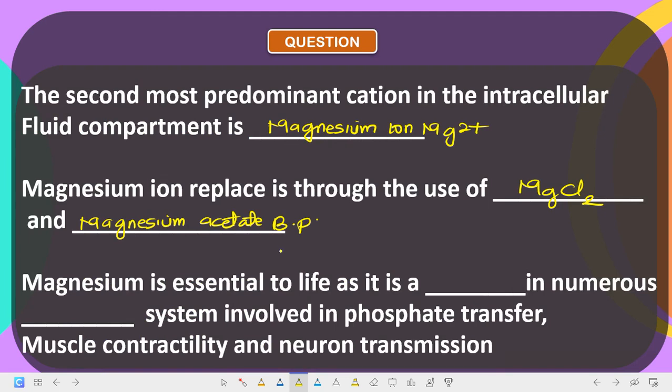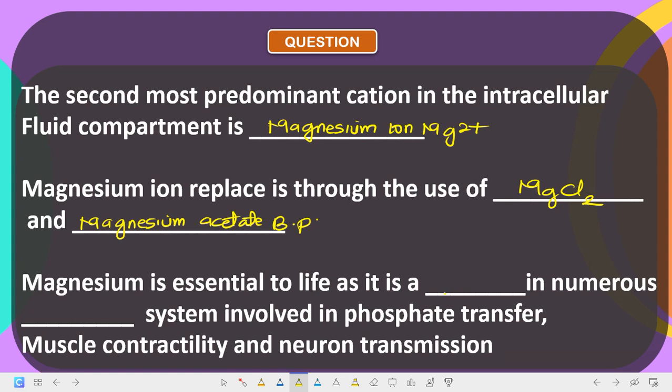Now, magnesium is essential to life. This is an extract from the material directly. So if you have read the material very well, you should be able to answer these questions. Magnesium is essential to life as it is a blank in numerous blank systems involved in phosphate transfer, muscle contractility, and neuron transmission.